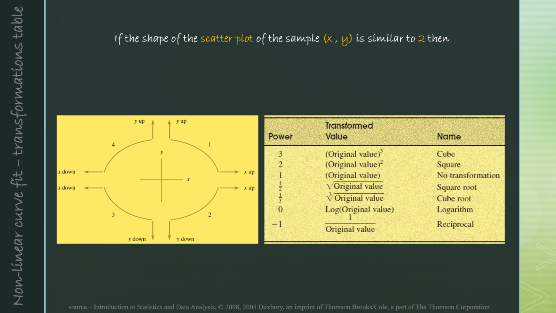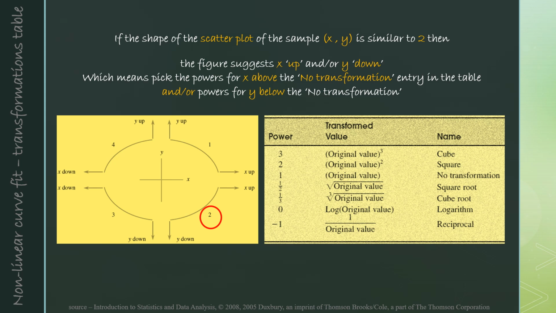If the shape of the scatter plot of the sample xy is similar to 2, then the figure suggests x up and or y down, which means pick the powers of x above the no transformation entry in the table and or powers for y below the no transformation entry in the table.